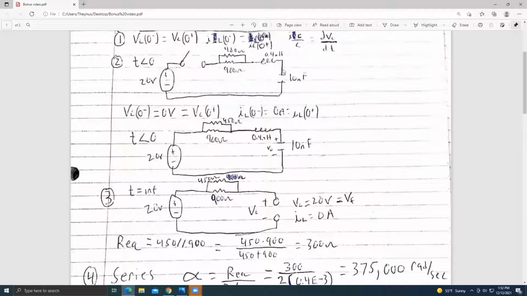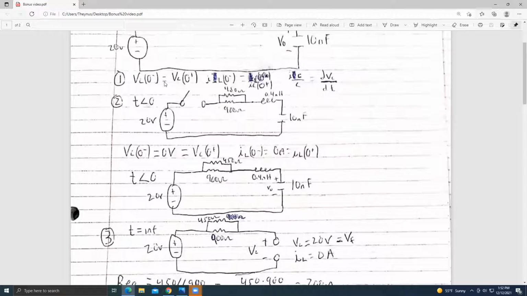If we move down and we now draw our circuit for t greater than 0, we see that the switch has closed. At that point, you would see the same circuit with the switch closed. Our 20-volt source, our 2 resistors in parallel, our inductor, and our capacitor. Well, at this point, we wrote down the relationship up here. What we see is that VC0 minus is equal to VC0 plus.